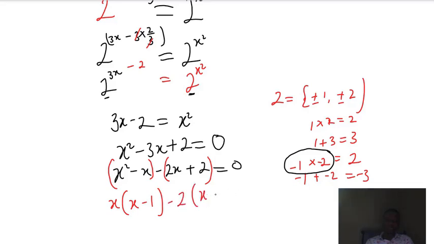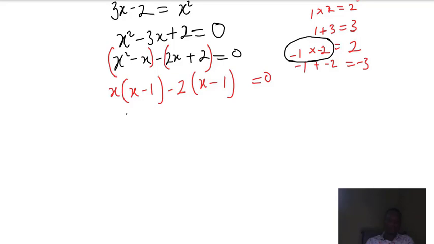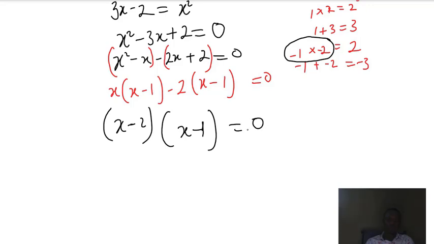Then we have x minus 1, all equal to 0. Because we have x minus 1 in a bracket in both, we write x minus 2 in one bracket, and x minus 1 in another bracket, all equal to 0.